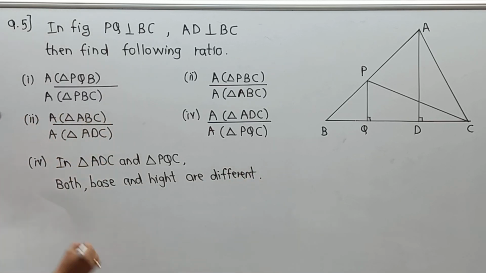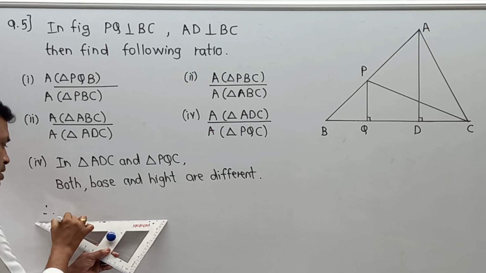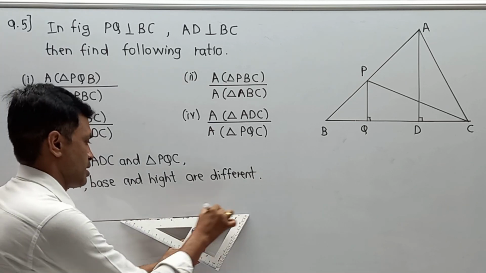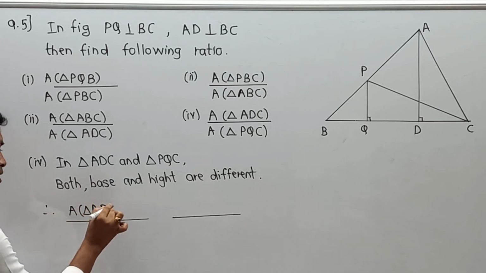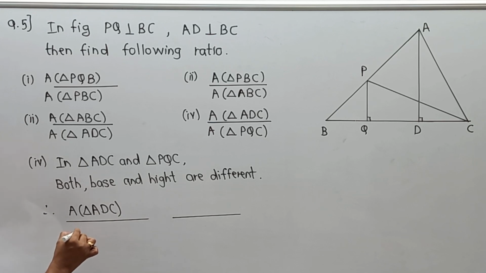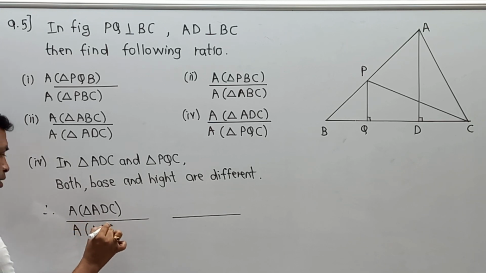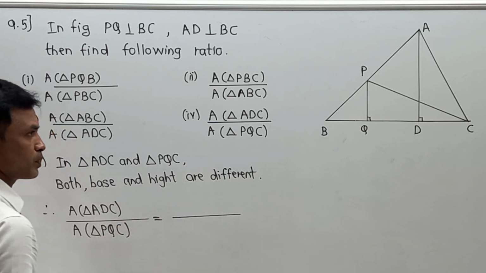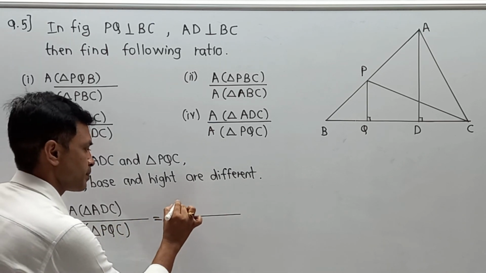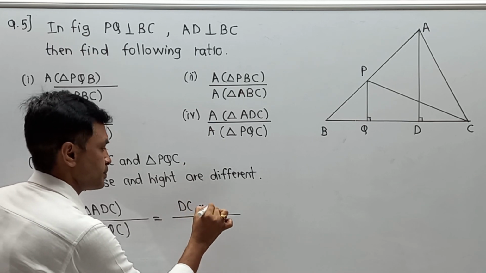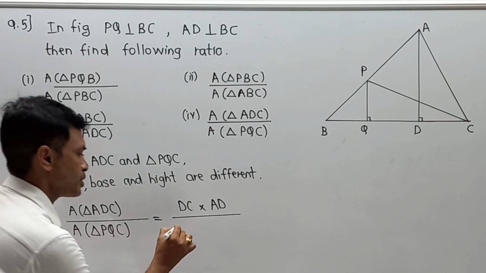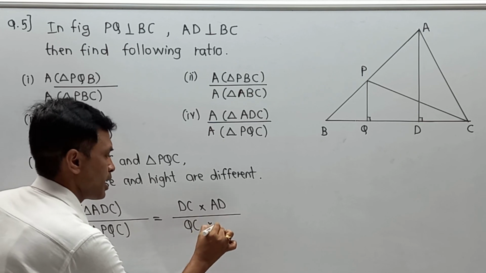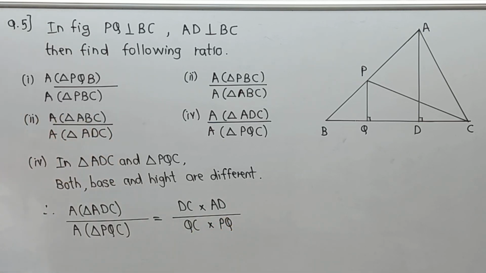Therefore, area of triangle ADC upon area of triangle PQC is equal to, for ADC base is DC into height is AD, divided by area of triangle PQC. For area of triangle PQC, QC is the base and PQ is the height. And in this way we can complete the fourth numerical.